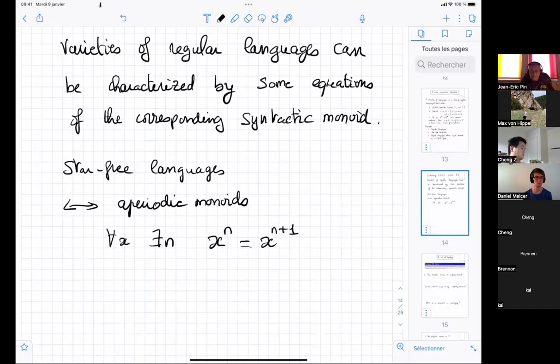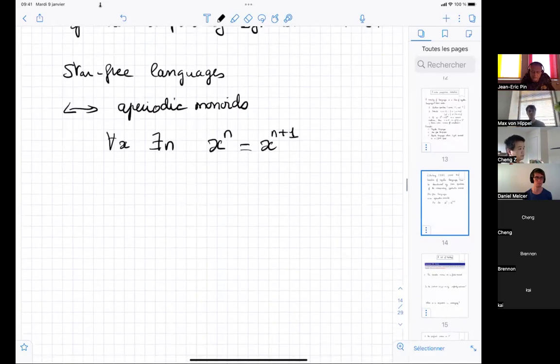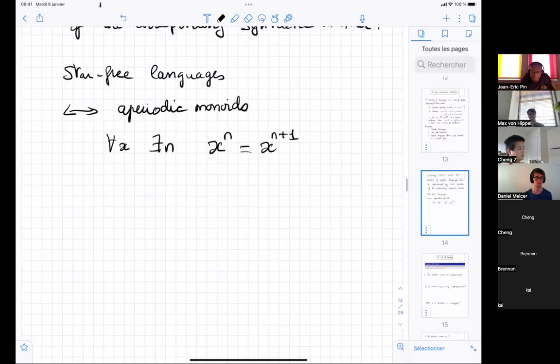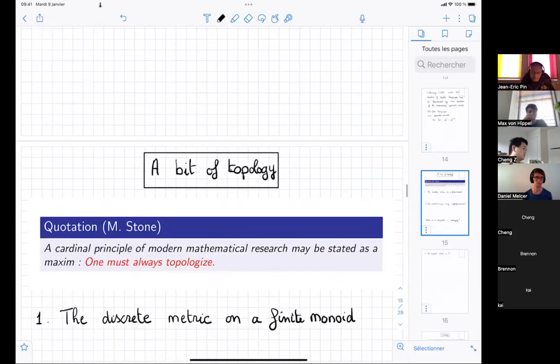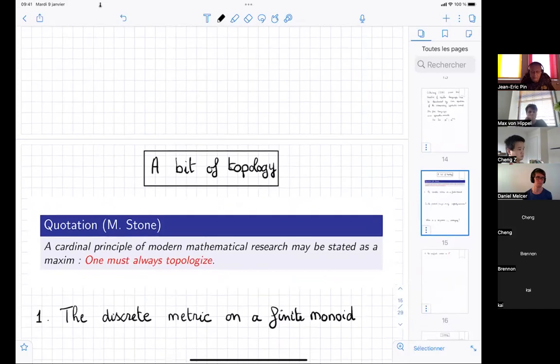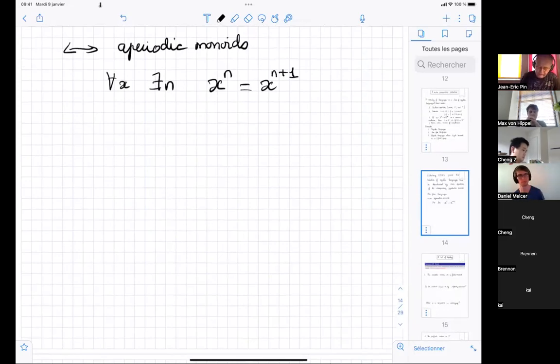So one can avoid this by using topology, but I'm not sure I want to do this right now. Maybe I can try. So we want to rewrite this equation in some way.